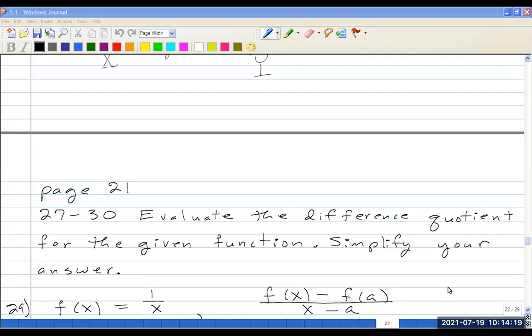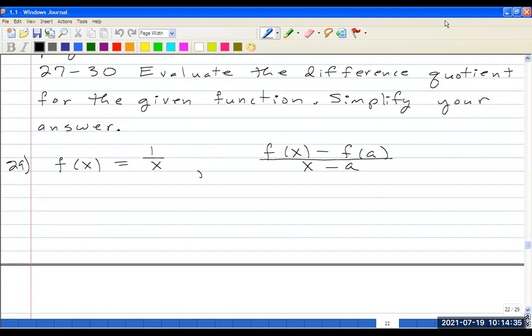Okay. On page 21, problems 27 through 30. Evaluate the difference quotient for the given function.